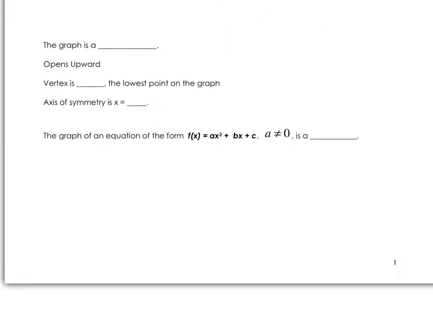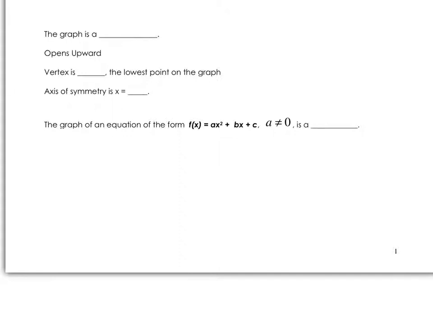This graph is called a parabola. It opens upward. The vertex is the point 0, 0. It's the origin. The vertex, in this case, is the lowest point of the graph because the parabola opens upward.